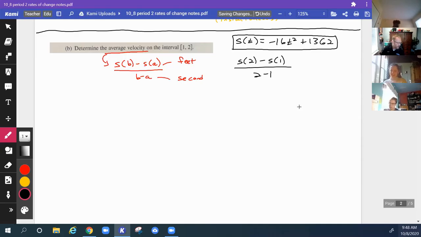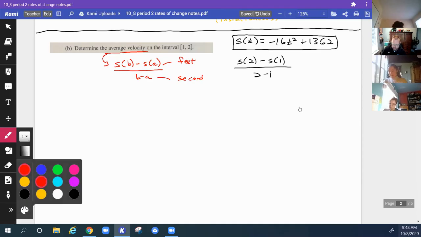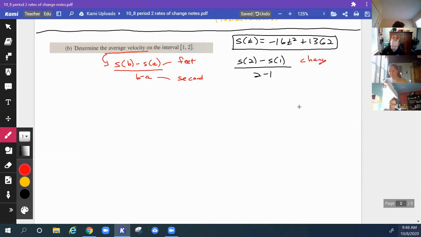For note purposes, the top is my change in position over those 2 points, over my change in time, because that's what a rate of change is: change in position over change in time. We could have other rates of change that measure other things.